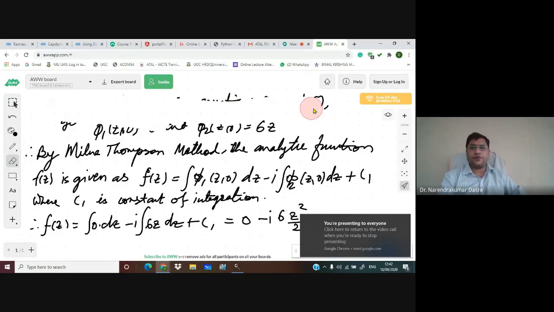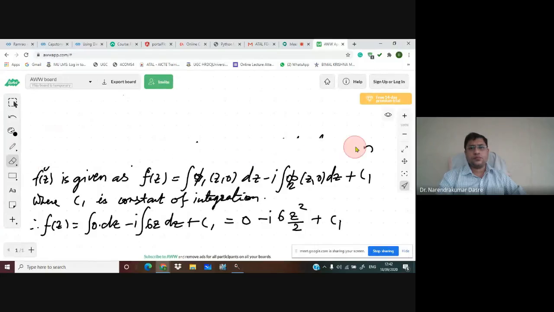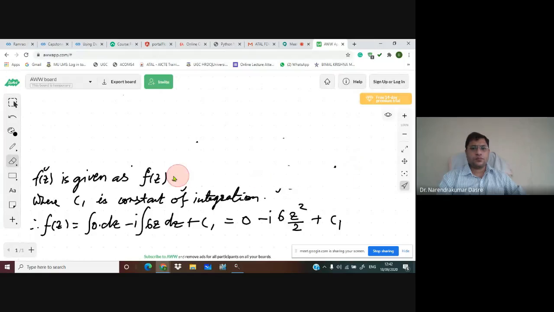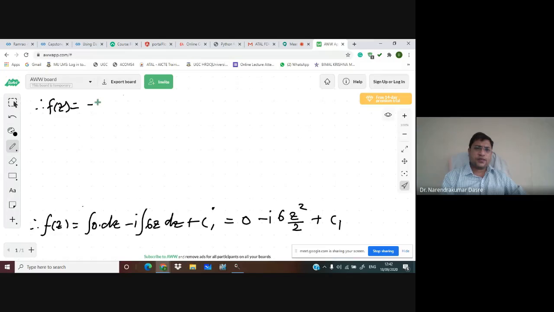So we get f of z is equal to minus 3i z square plus c1, which is the analytic function.